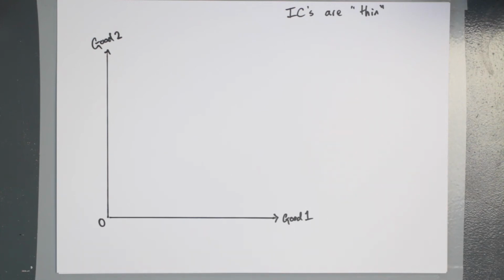Now, to prove that indifference curves are perfectly thin, we're going to use something called proof by contradiction. Don't worry, this may sound like something you haven't heard before, but trust me, you have. The idea is we assume something is true, and then we develop a contradiction, and by doing so, we know that our initial assumption was false.